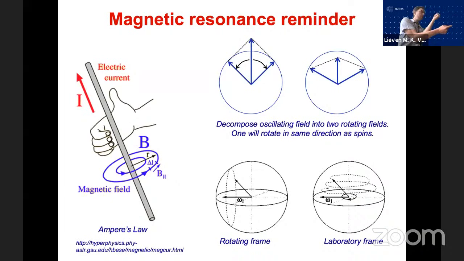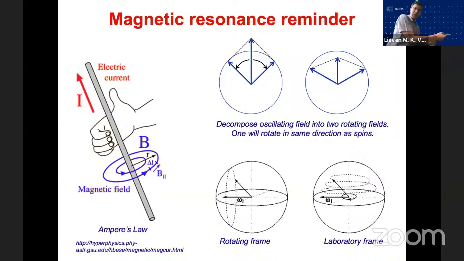If you imagine that you're putting yourself on a merry-go-round and rotating around on it, the rotating field is no longer rotating; to the spin it looks static. So what the spin will do is precess around that field that looks static to the spin.